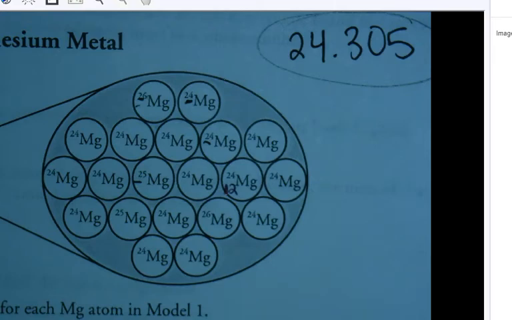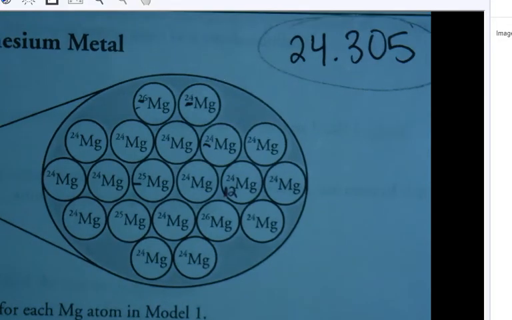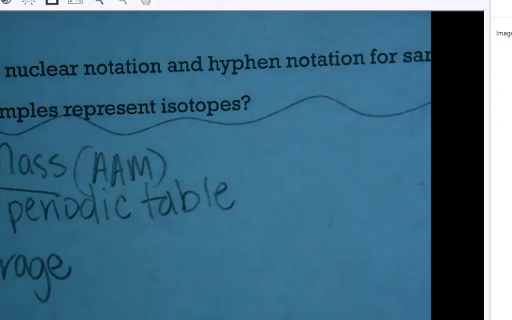The way I like to think of it is your neutrons are like little pieces of fat, right? Because fat does not really contribute to your strength, but it definitely contributes to your size. Same thing here with neutrons. They're not contributing to the charge of that little atom, but they are contributing to the weight of that atom. And that's what you're going to be dealing with in the candy tomorrow.